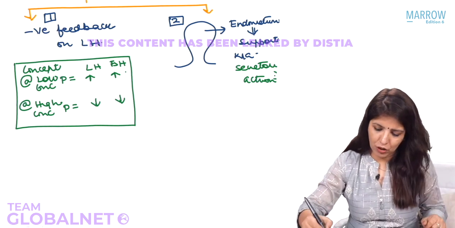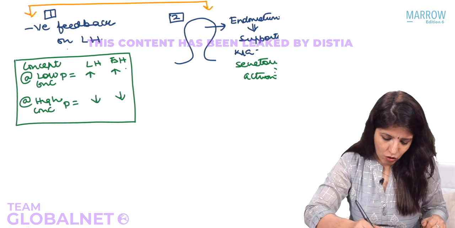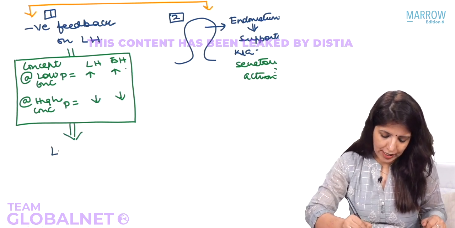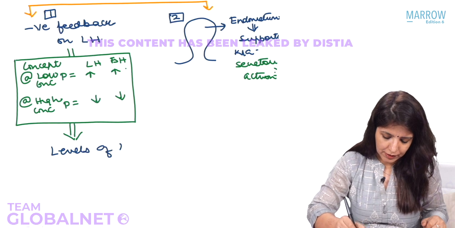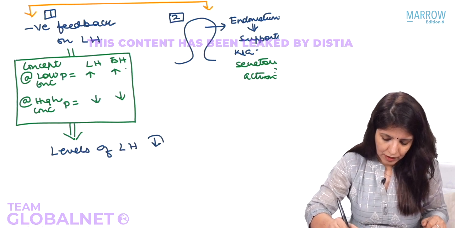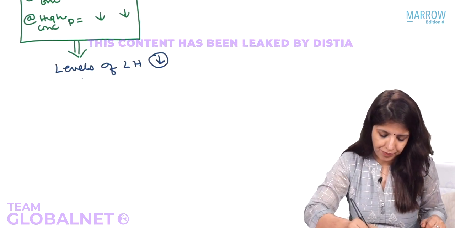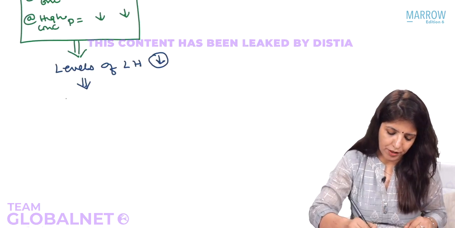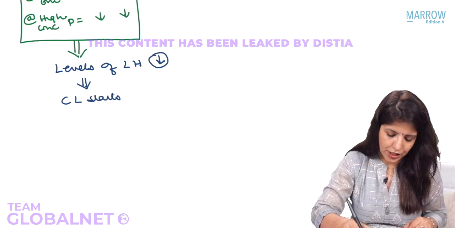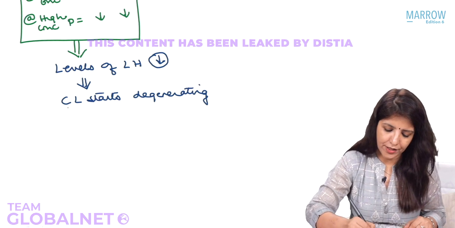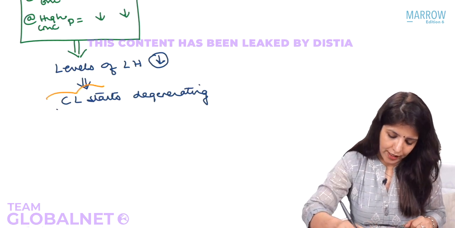Because there is negative feedback on LH, the levels of LH decrease, and because the levels of LH decrease, corpus luteum starts degenerating. Okay, till here understood?